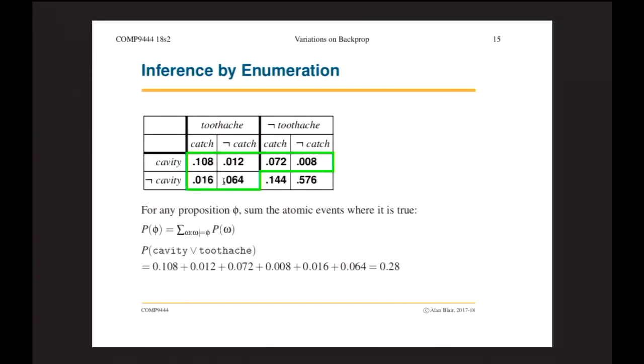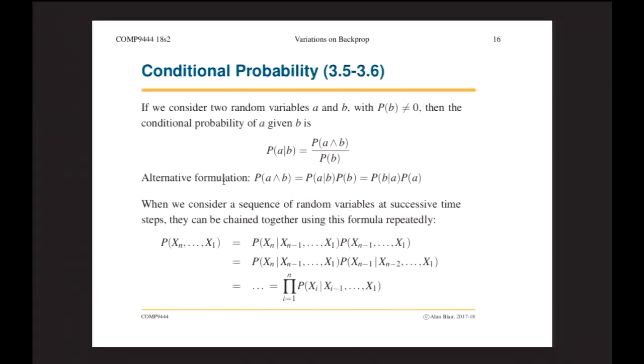This is like a Venn diagram, except using rectangles instead of circles. If I ask what's the probability that someone has a cavity or a toothache, you add up these 6 numbers and it's a little bit bigger, 0.28. But then we can talk about conditional probabilities.